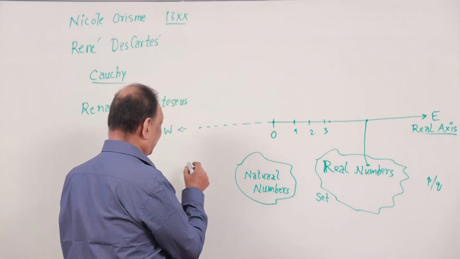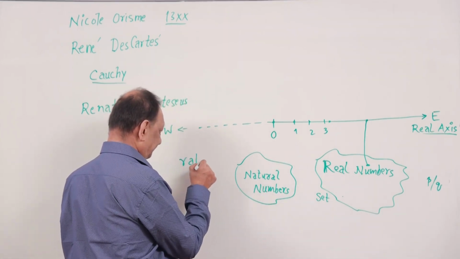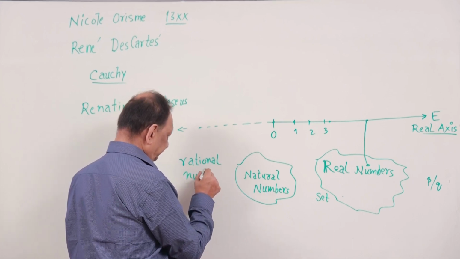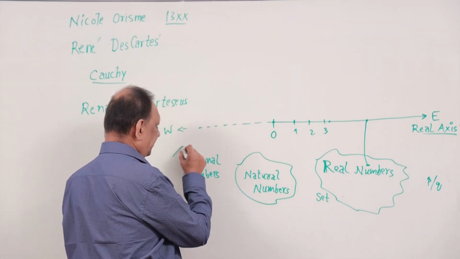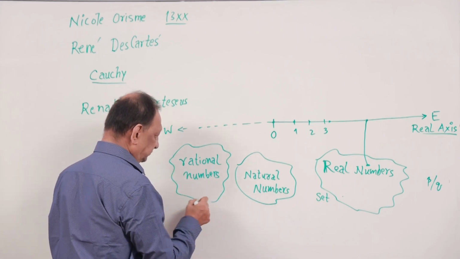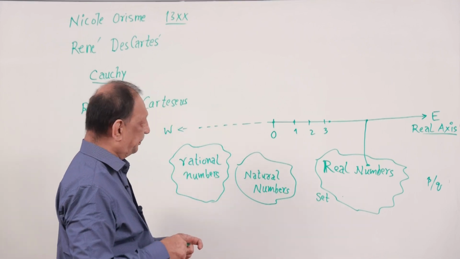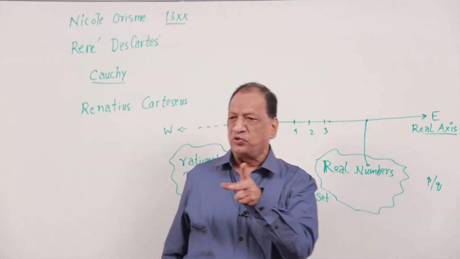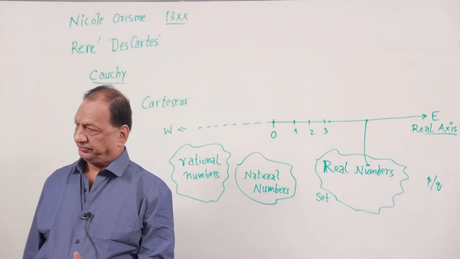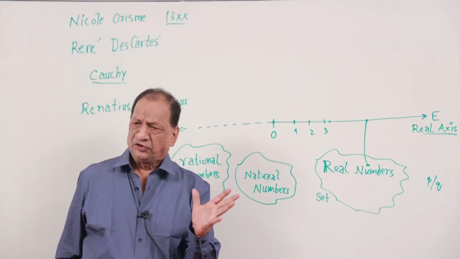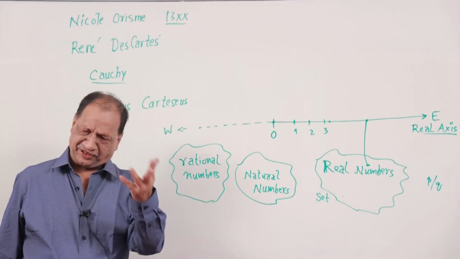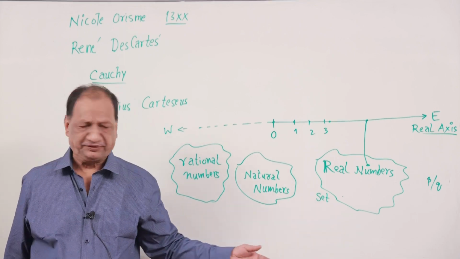So we get what are called rational numbers. We got a set of rational numbers, an infinite number of them, any of which can be represented as a fraction of two integers, positive or negative, a ratio of two numbers.